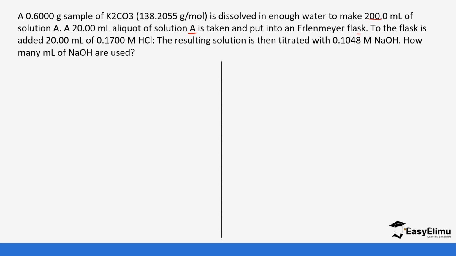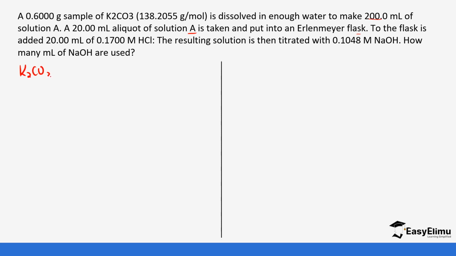So first we are reacting the potassium carbonate with hydrochloric acid, and then whatever excess hydrochloric acid is remaining is reacted with sodium hydroxide solution. So the first thing we are going to do is use the potassium carbonate to write the equation.